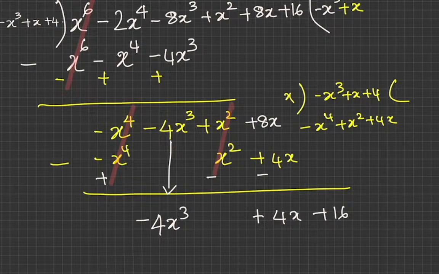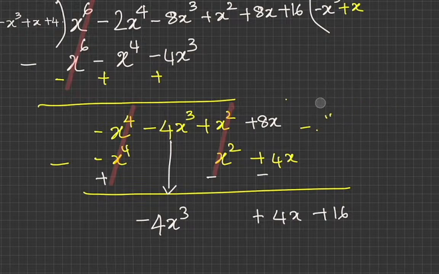So I have a negative 4x cubed, which has to be divided by negative x cubed. So I get positive 4.